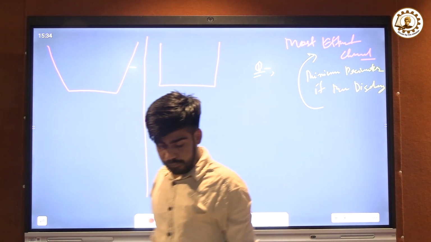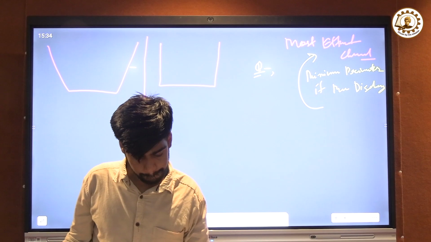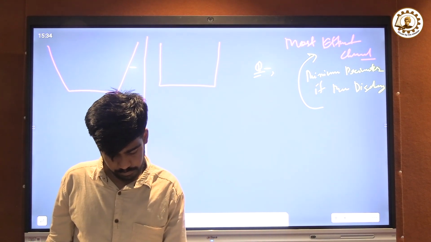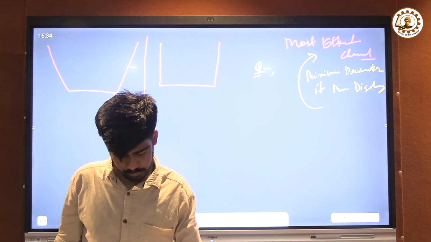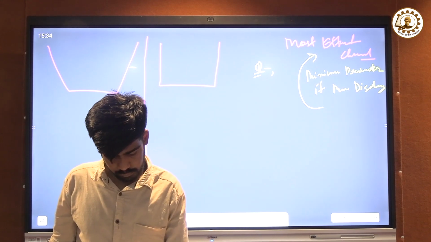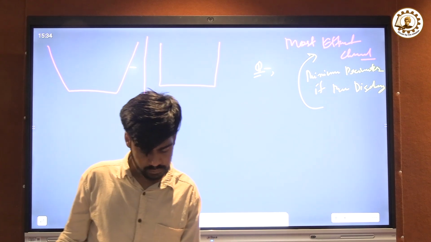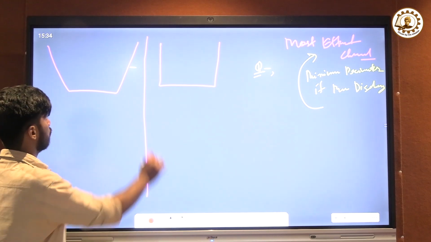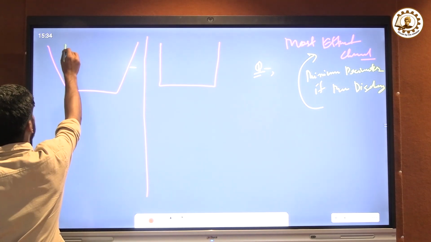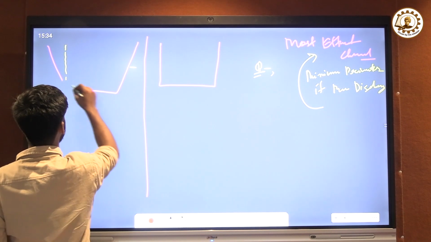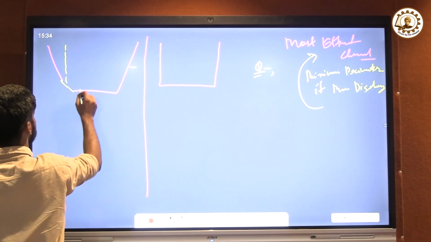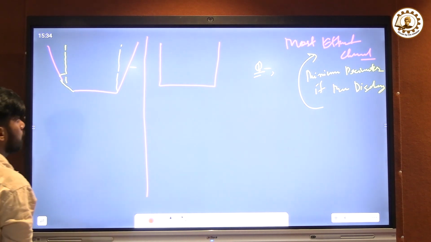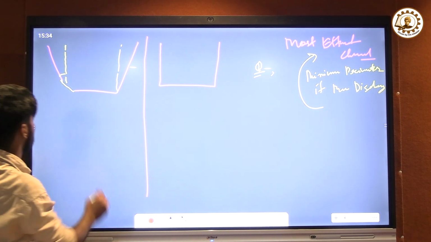Now in order to learn that, for a trapezoidal channel like this, what will be the area?